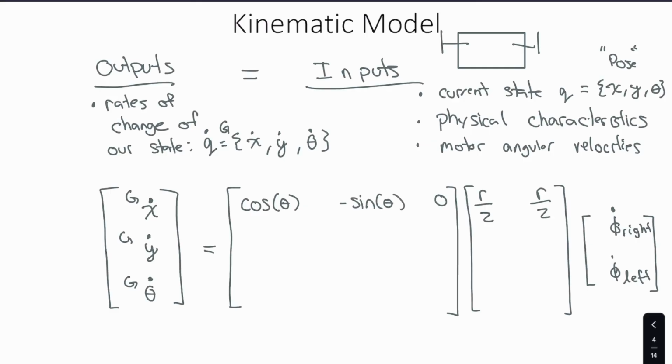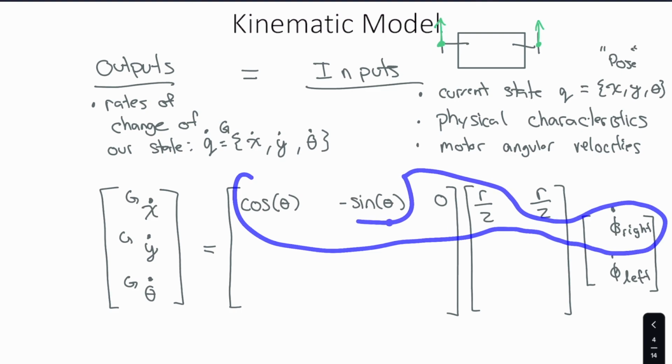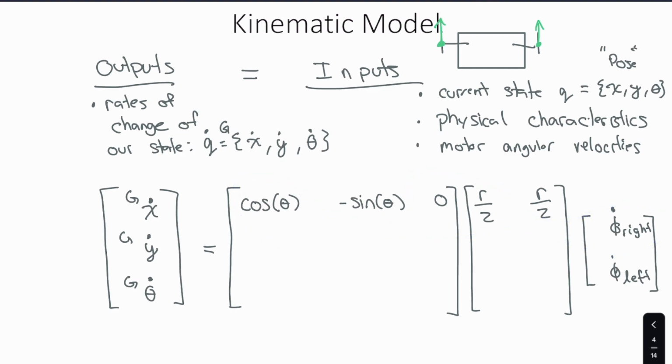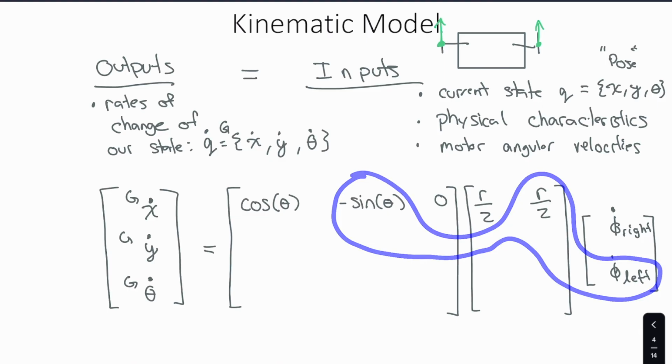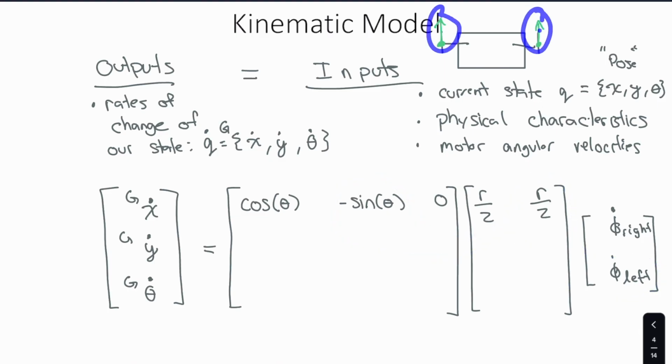So it's useful to think about the velocity at this point and the velocity at this point. And that's really what these multiplications are doing. Cosine times r over 2 times phi right, and negative sine times phi left times r over 2. That gives us the velocities at these 2 points, which we can then use to figure out what's the velocity in the global coordinate frame.